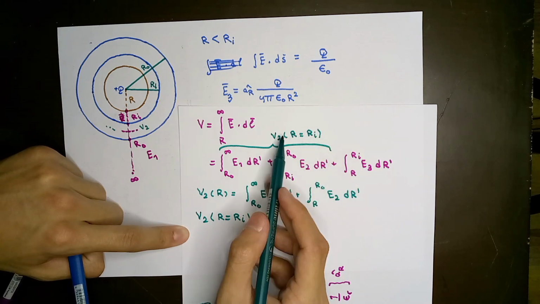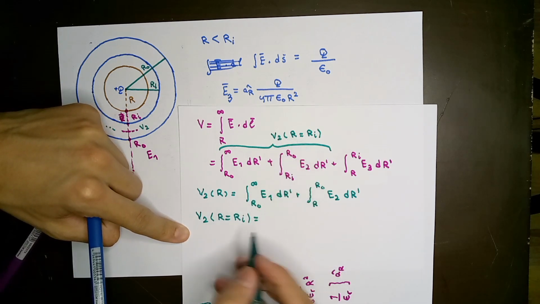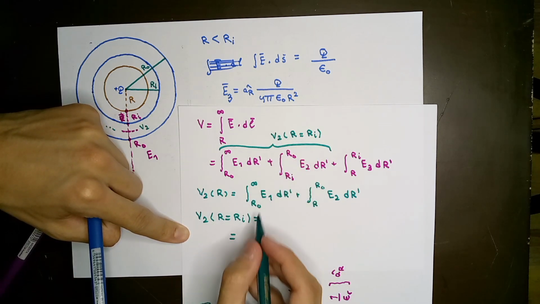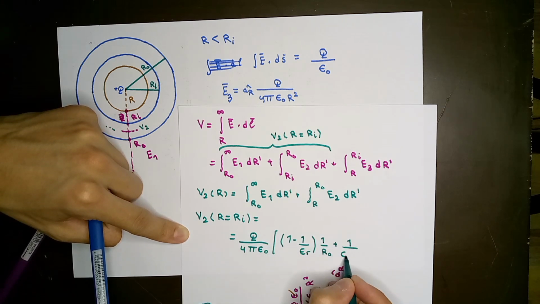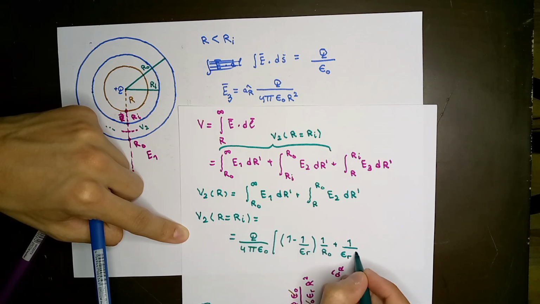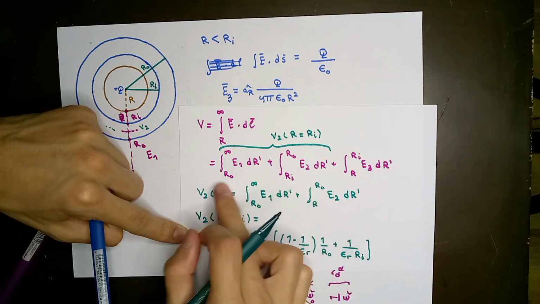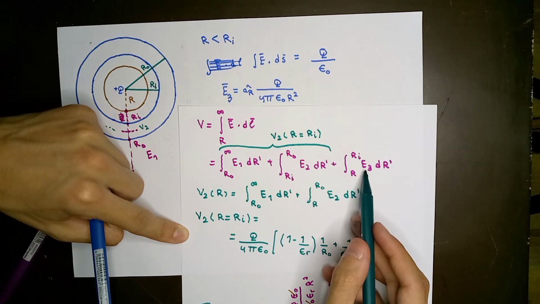And the formula of V sub 2 has been calculated before, and it was equal to this over epsilon sub r times r, but in this case we are going to substitute r sub i for r. This is the summation for these first two parameters, plus this integral.